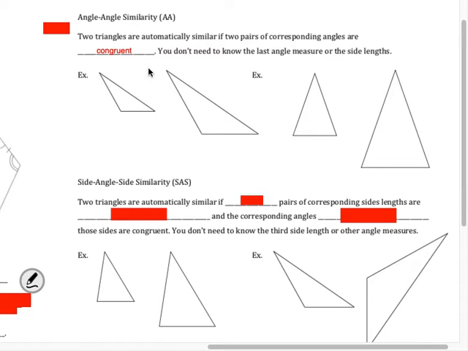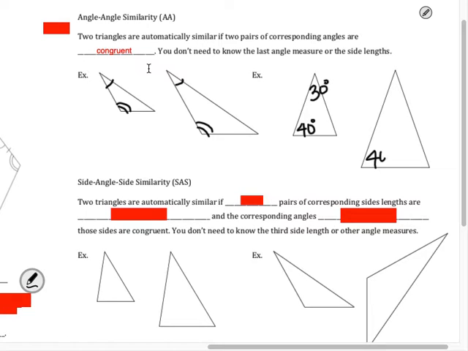So again, I might just have symbols. I might say that this angle, that they're congruent here. And that would be enough information to say, hey, these have to be similar. I could actually give you the numbers. I could say that this is 40 and 30 degrees.